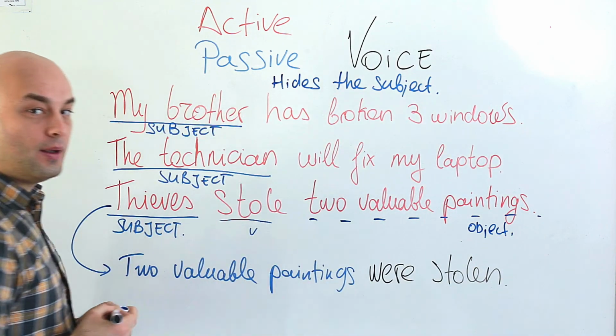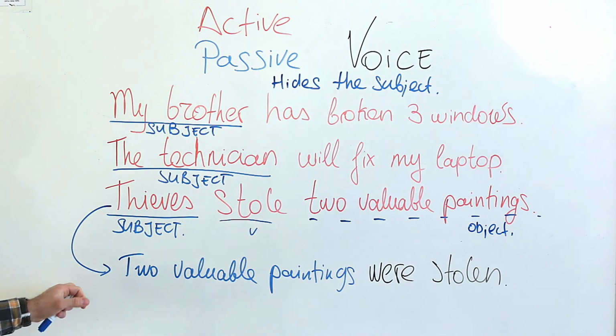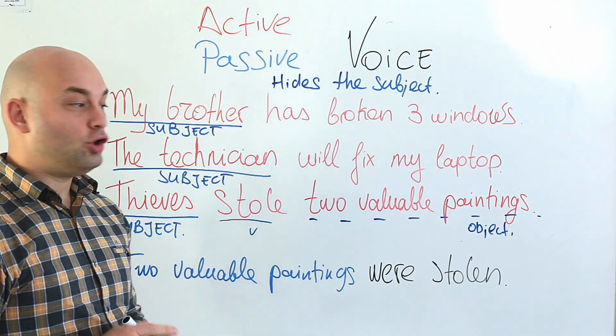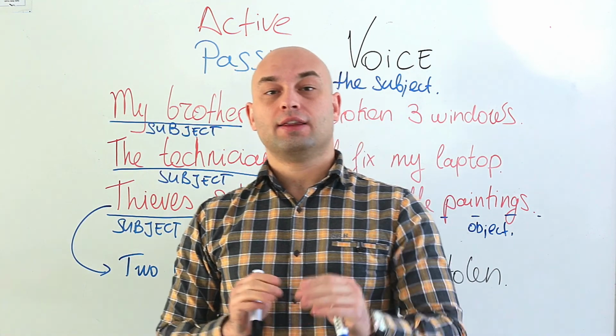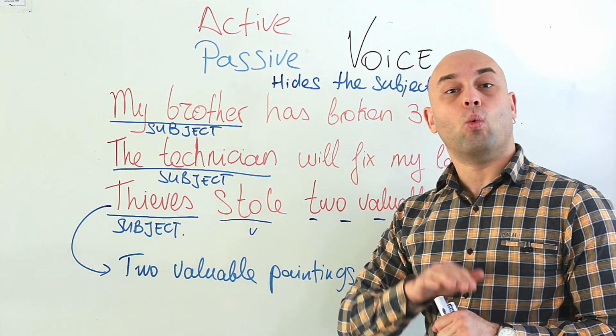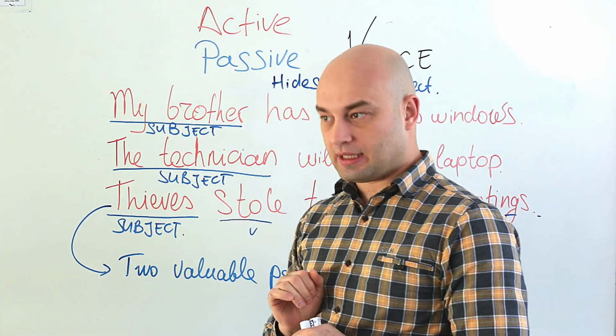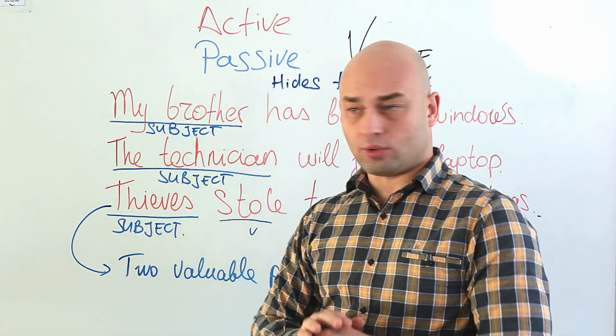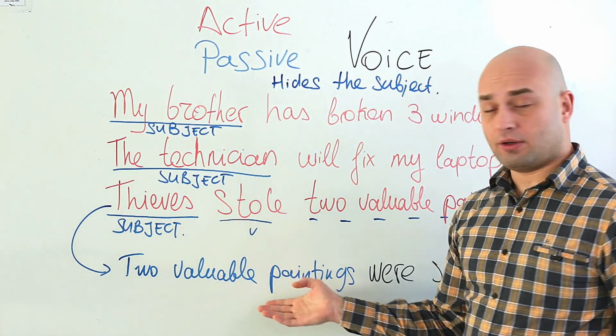Full stop. This is a passive voice sentence, okay? There's nothing else you need. There's literally nothing else you need. This sentence is 100% correct. It's 100% understandable, and it's 100% grammatical.